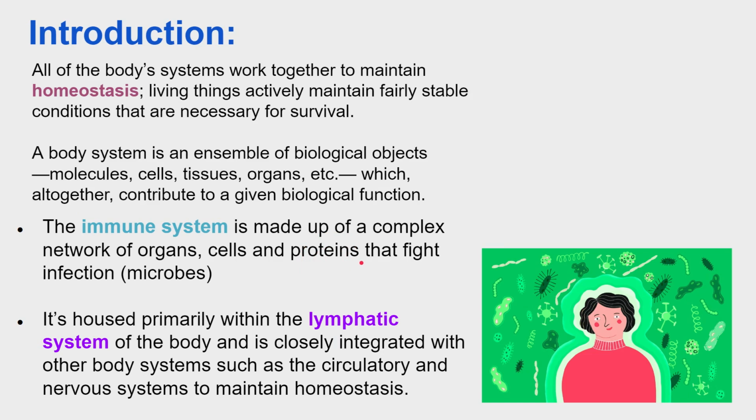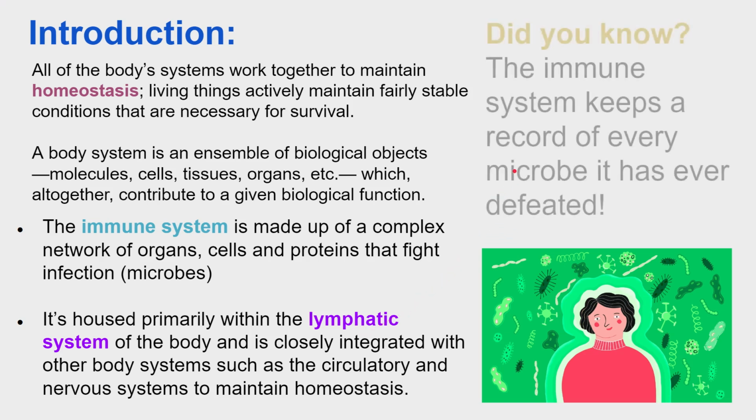And the immune system is housed primarily within the lymphatic system of the body. And it's really closely integrated with other body systems, such as our circulatory system and, in fact, our nervous system as well, to help maintain homeostasis.